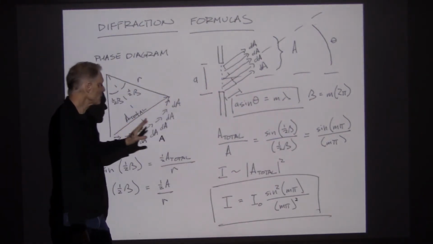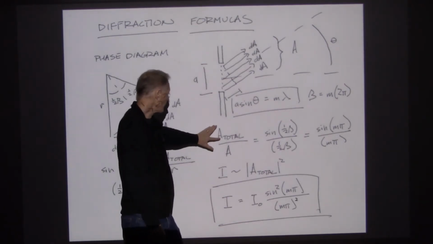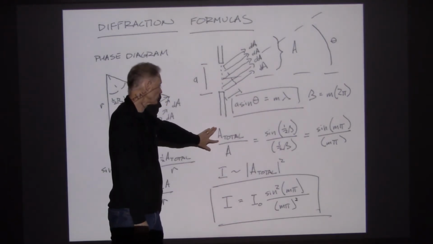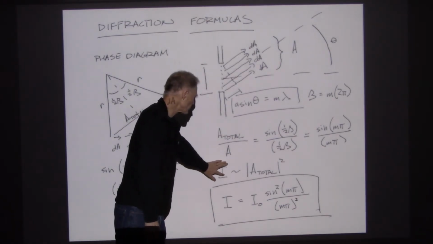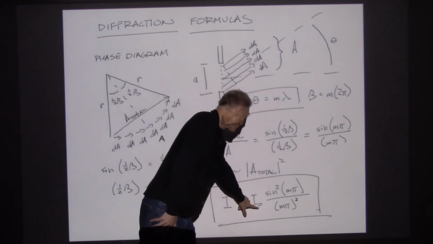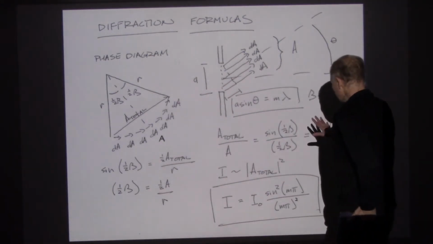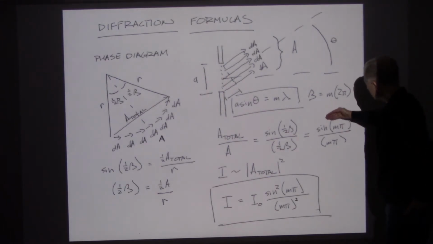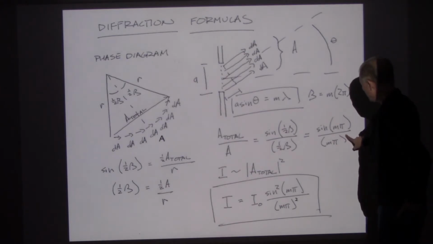Now to find out how much intensity we're getting, we square the A total, and then we say that the intensity is proportional. As a proportionality constant, we use I naught, and the important part of the formula is to square, so it's sine m pi over m pi, all squared.